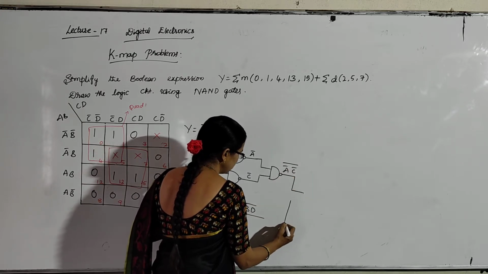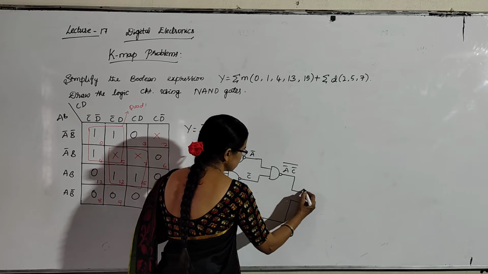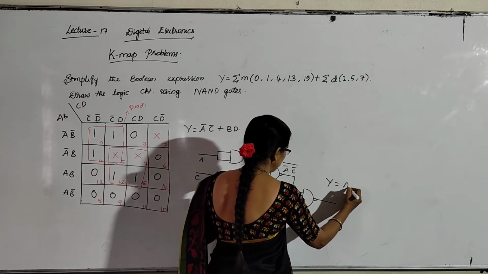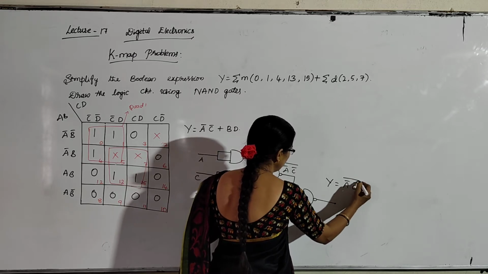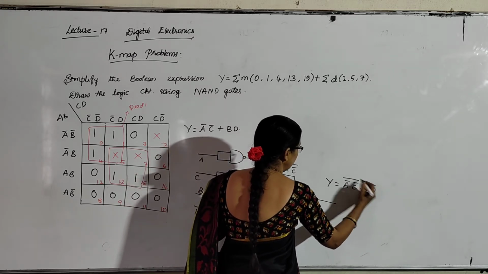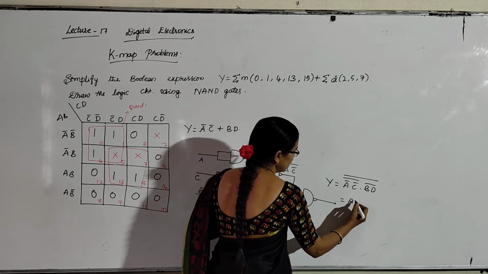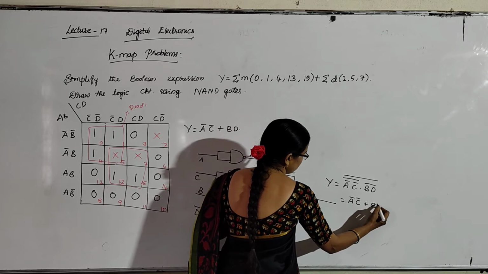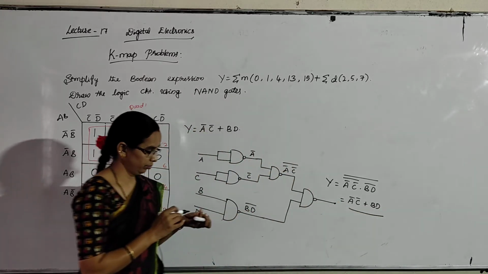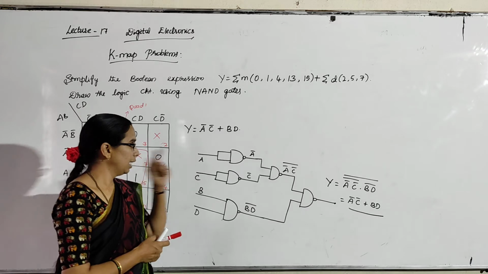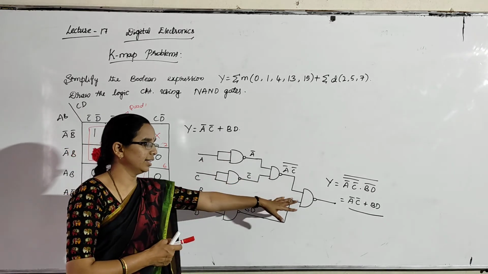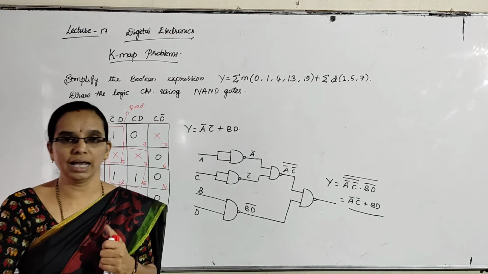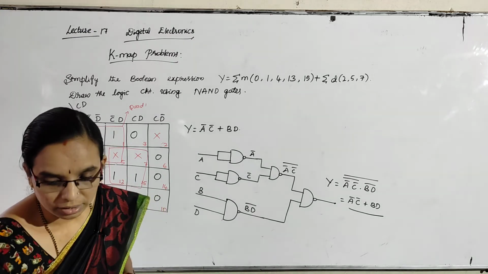So these will be given as inputs of another NAND gate. Here I will get Y is equal to A bar C bar whole bar into B D whole bar. So I will get A bar C bar plus B D. Analyze each gate individually and then you will get to know how to draw the logic circuit using only NAND gates. Okay.